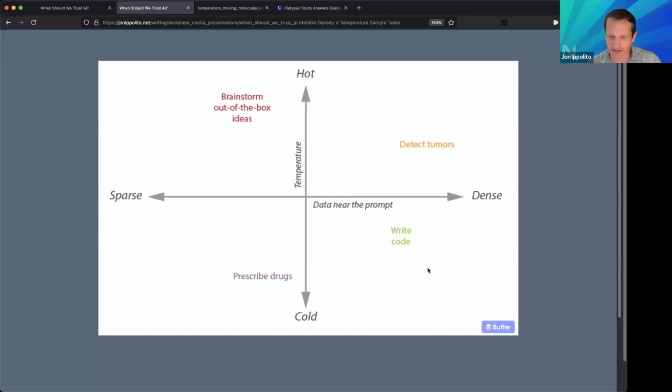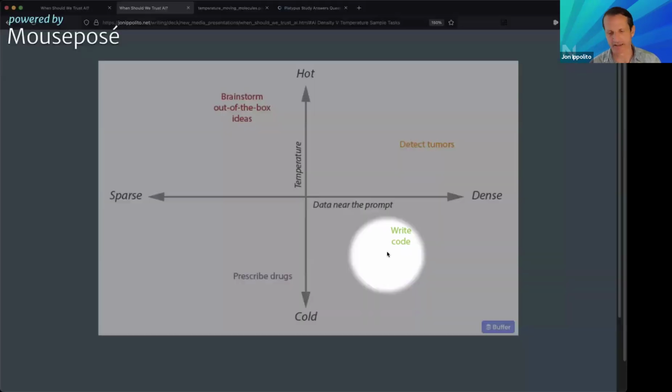On the other hand, on the other extreme, if you're looking for something that has a lot of dense data where it's a colder model, then writing code, I think, is a pretty good instance. I don't trust it completely. There are issues with it, but relatively speaking, code is a much more defined language.